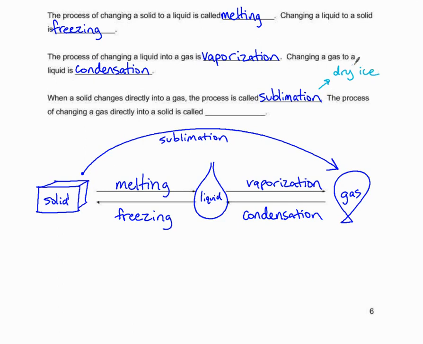This is especially useful for things like maybe shipping frozen goods. For instance, I used to run a blood bank, and sometimes we would have to ship things like frozen plasma or frozen red blood cells to another hospital.